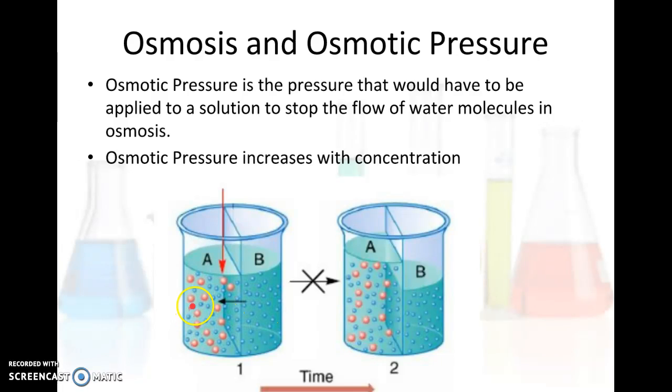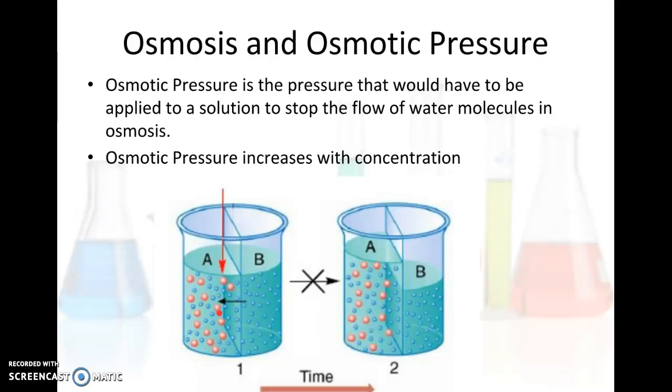You see the salt dissolved in there. So what happens? Think biology. Osmosis is the movement of water, diffusion of water. Since there's a higher concentration of solute over here than there is over here, the water is going to flow towards the solute in order to even out the concentration.